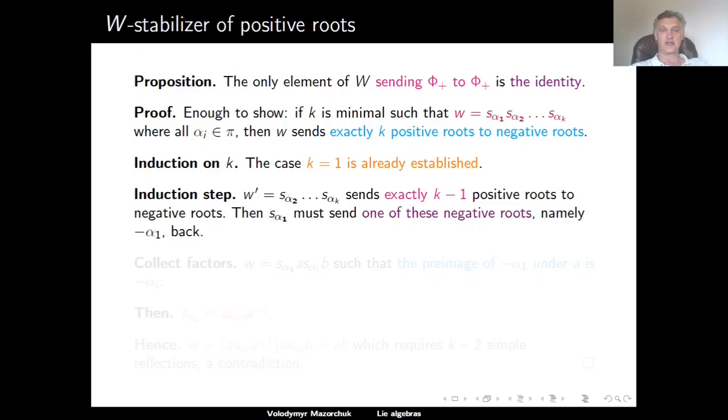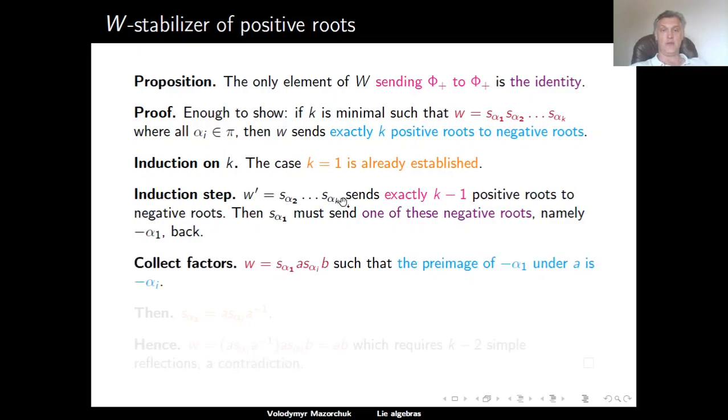Assume towards a contradiction that S alpha 1 doesn't add one more positive root sent to the negative. Then it must send one of these K minus 1 negative roots back to a positive root. And of course, the simple reflection S alpha 1 can only send the negative root minus alpha 1 to a positive root.